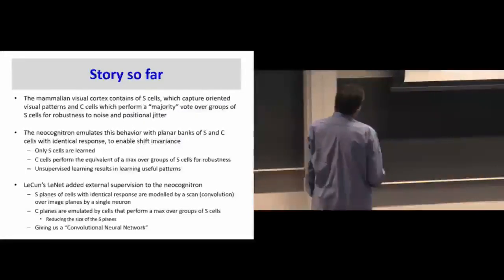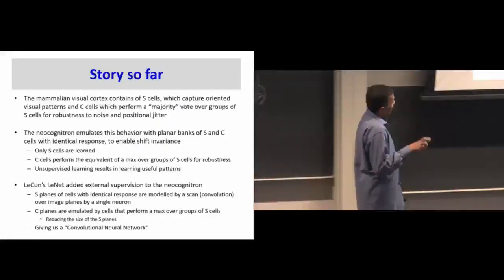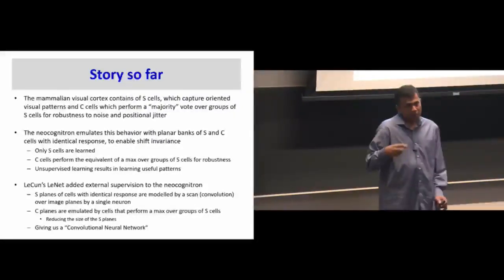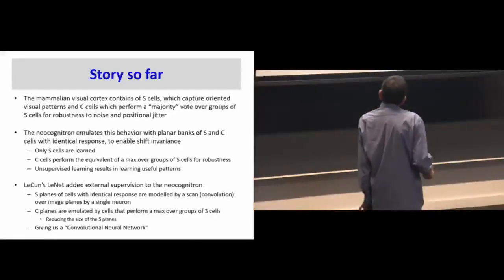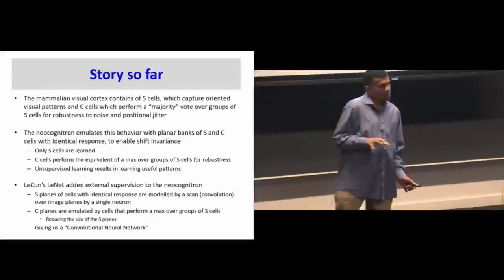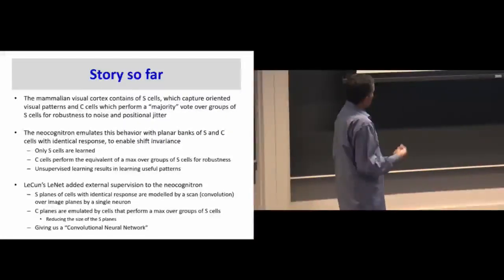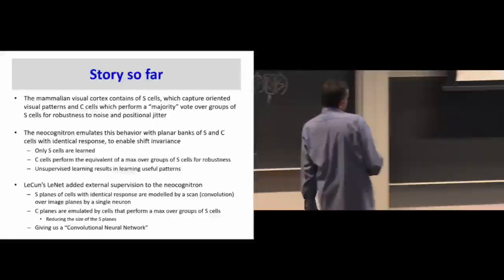So the story so far, the mammalian visual cortex contains S cells, which capture oriented visual patterns, and C cells, which perform a majority vote over groups of S cells to account for noise and positional jitter. And the neocognitron basically emulates this behavior with planar banks of S and C cells with identical response to enable shift invariance.